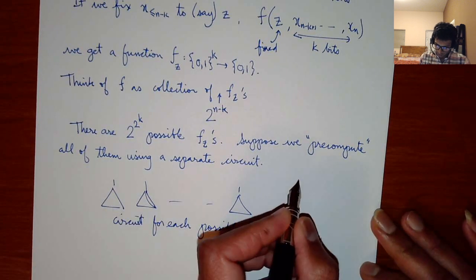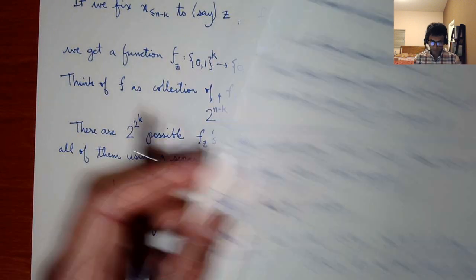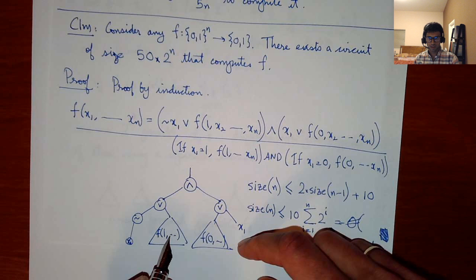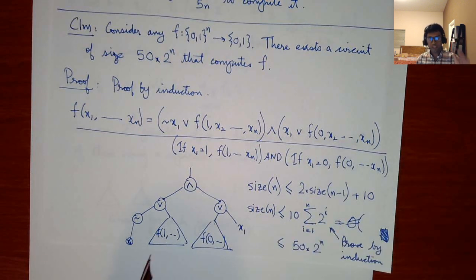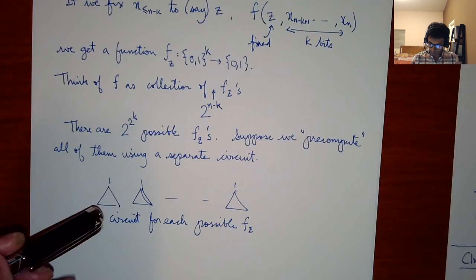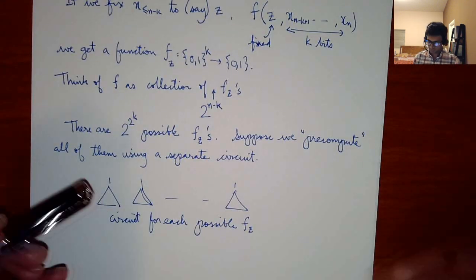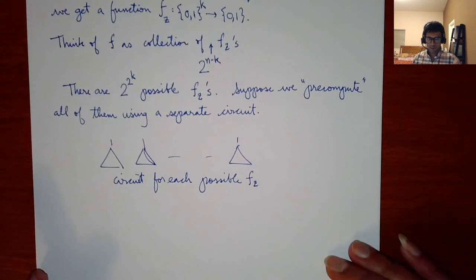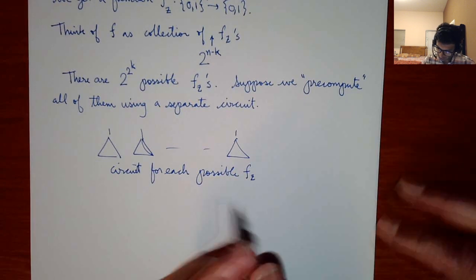Then what's going to happen is we use this construction above, the inductive construction, to just go and pick which fz we need. And every time we pick, we don't have to go and recompute that entire fz. We can just use whatever is there. And every possible fz, how much is it?